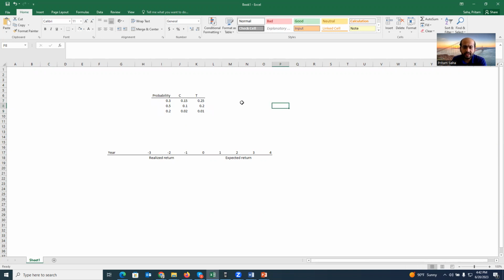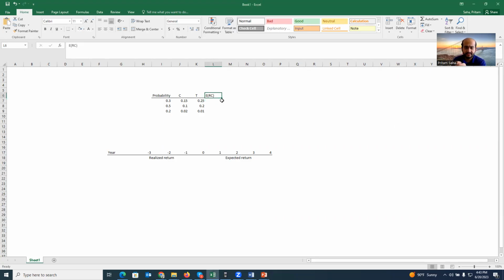Now let's do expected return, okay? Expected return for stock C. Let's do this way, okay? So the formula is, I believe you guys know that, P times R, right? So probability times R of specific event.